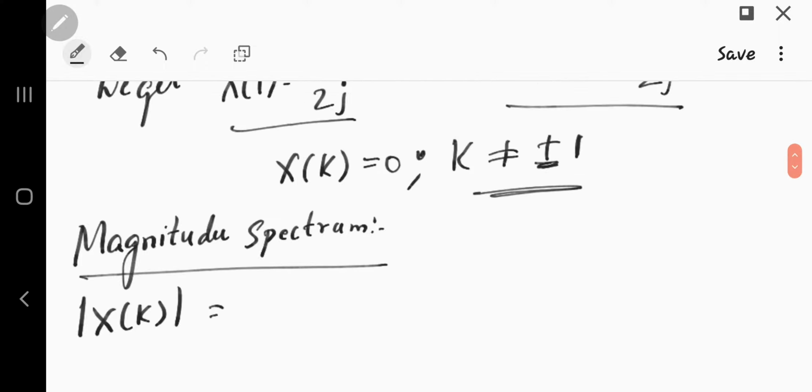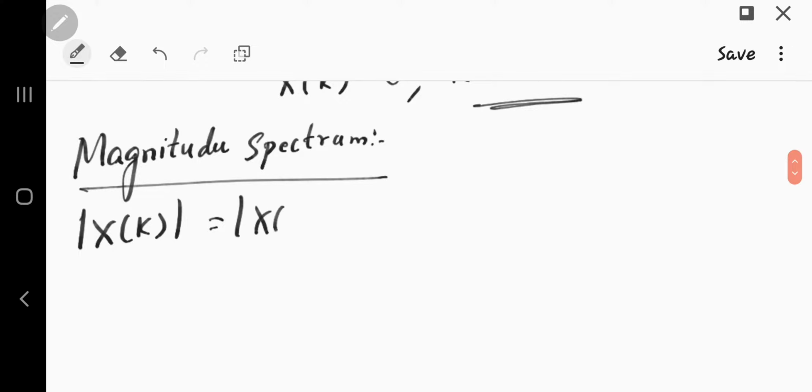Now if you want to plot the magnitude spectrum, the first thing is we have to find the magnitude of x of k. Now observe this, we have x of 1 is equal to 1 by 2j.